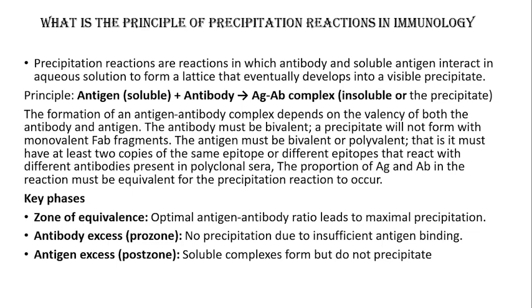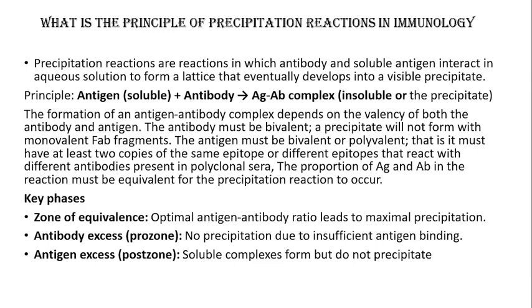Once they exceed their binding to the antigen, the antigen will bind in a single form to the antibodies. Once they bind in a single form, there will be no formation of the cross link.